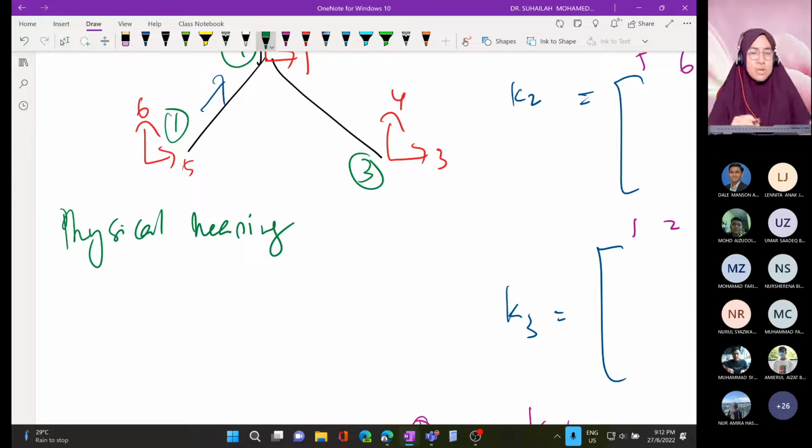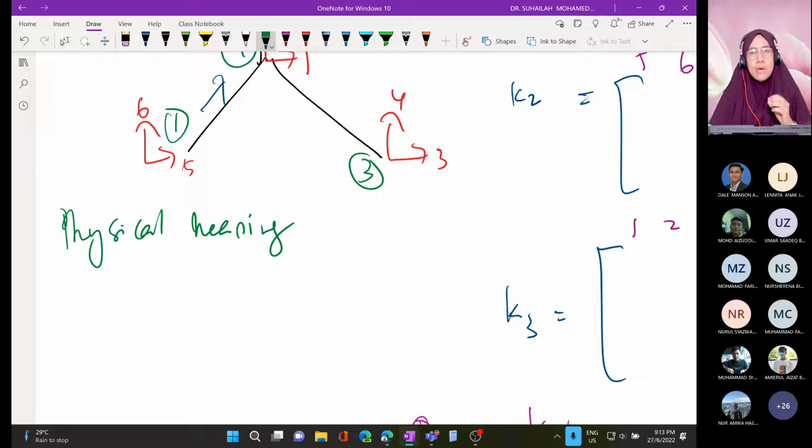This is very important, because if you don't understand this, it is difficult to identify the Q and D values. In order to solve for the unknown displacement, all the information given in the question and in the diagram, we have to transform into equations.